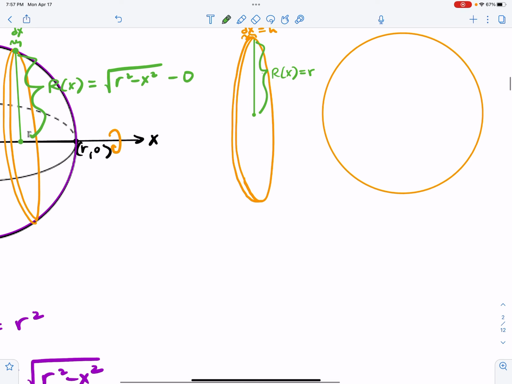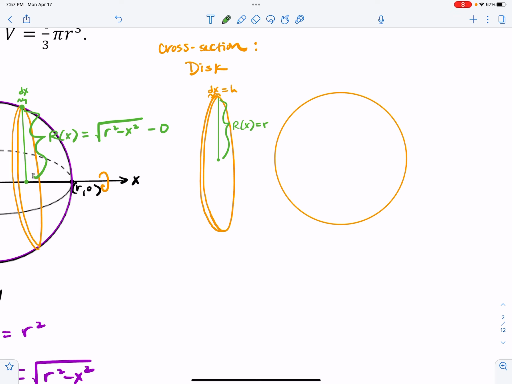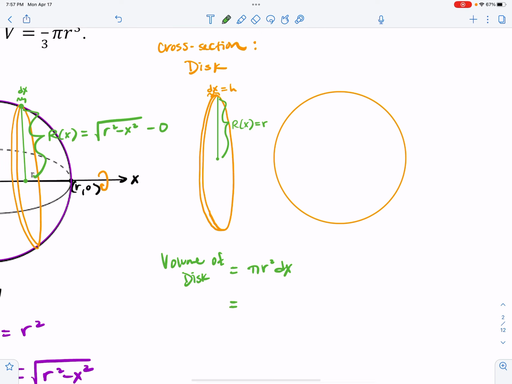Okay, and if we think back to the area of a circle, which is the front of the disc, when we're trying to come up with the volume of the disc, that would be equal to the area of the disc, the front of the disc, which is pi r squared, times the height, which is dx, right?